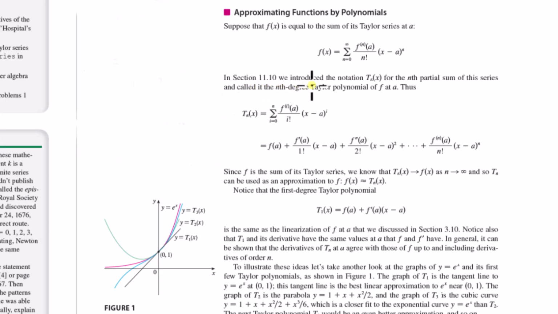In the previous section, we introduced the notation T sub n of x for the nth partial sum of this series and called it the nth degree Taylor polynomial of the function at a, right? So the Taylor polynomial is technically the Taylor polynomial of a function at a certain center point. Okay, so there's the Taylor polynomial, right?